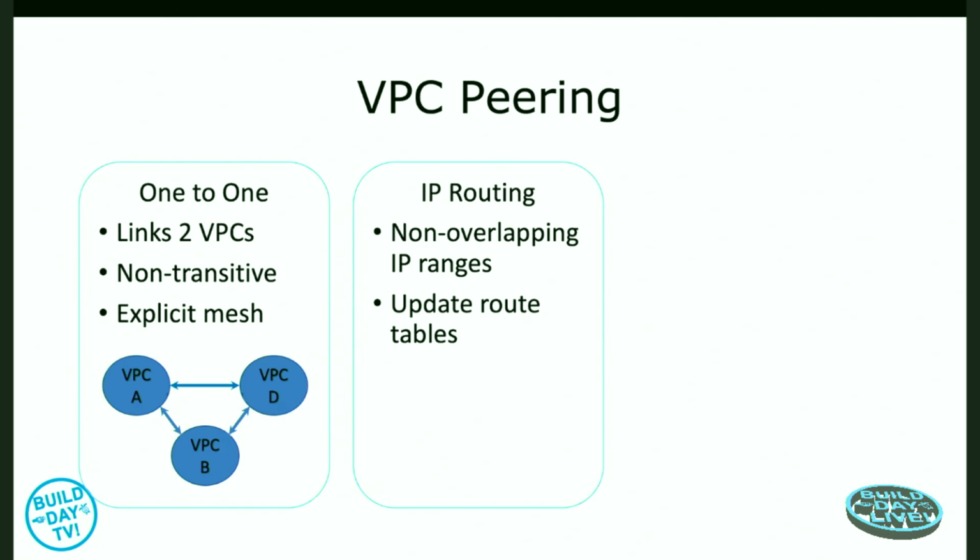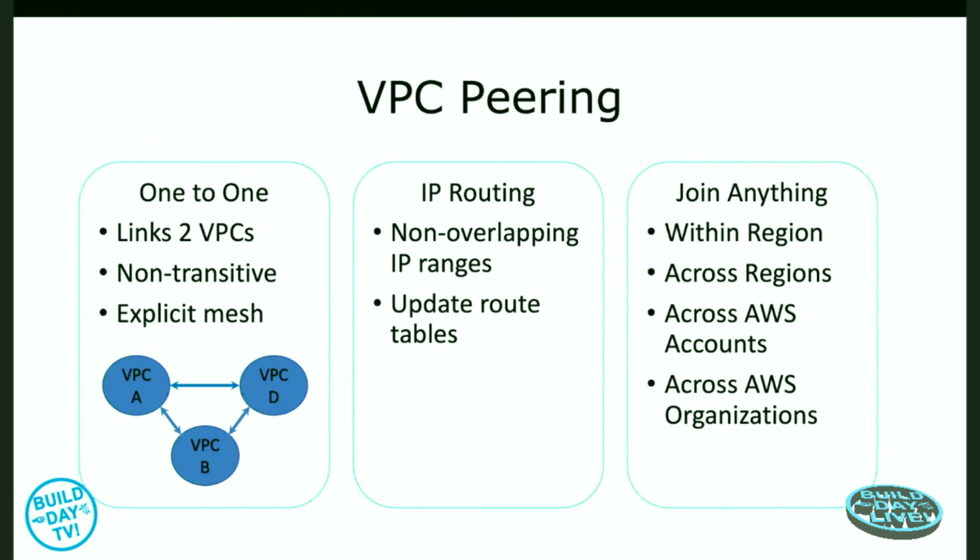Those must be unique across all of the peered VPCs. And then we update the route tables on each of our subnets to talk to the other VPCs. So what we're doing is setting up, essentially, a wide area network across these VPCs. Even if they're potentially in the same region, it functions the same way as a WAN would for a larger organization.